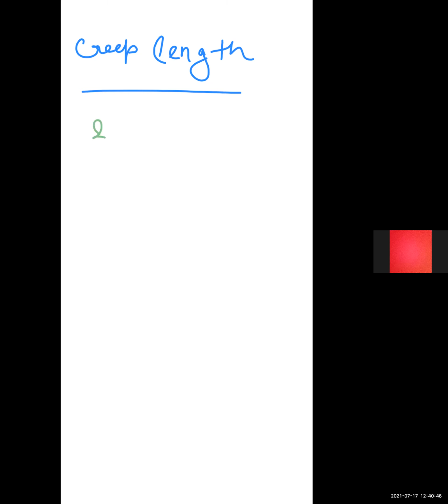First is 2 into 3 plus 3.5 meter plus 12 meter plus then 2 into 3 meter.